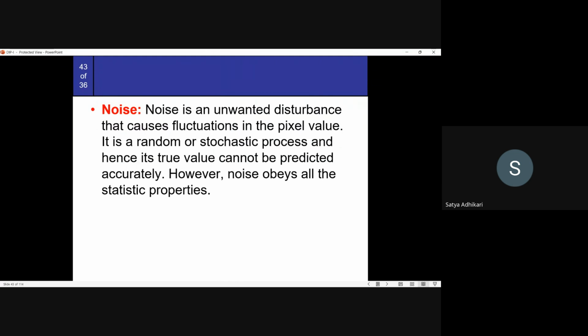But for the first class, you should know that noise is an unwanted disturbance. We don't want noise to be present in our image. It is a random or stochastic process, and hence the true value cannot be predicted accurately. However, the noise obeys statistical properties. So we want to remove the noise from our images.